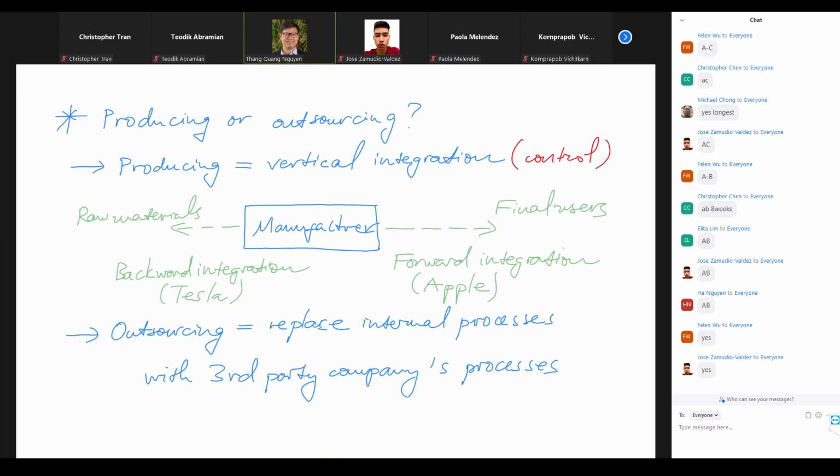So in a sense, we replace our manufacturing process by the manufacturing process of another company. Manufacturing or services like logistics, right? Wrapping the boxes and shipping the boxes out. Some companies, they hire another company to do it like that. All right, so here we have the question, the big question. So when do we produce and when do we outsource, right?